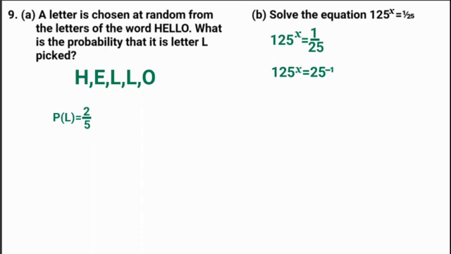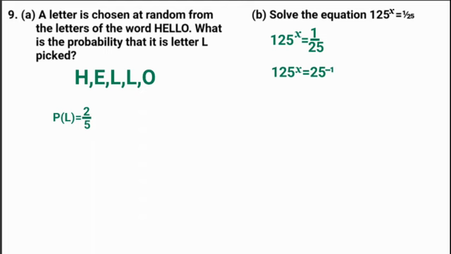Once we've done this, the next step is to write 125 in exponential form, and 25 we're also going to write in exponential form. We find the cube root of 125, which is 5.